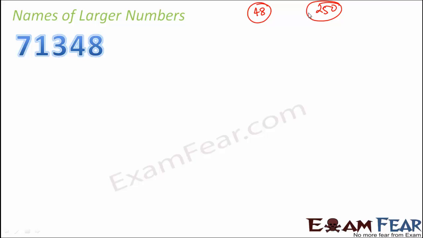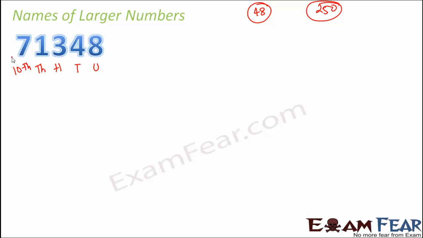In order to name numbers, it is very important that you know the position of each digit, because without knowing that, you will never be able to name numbers. Here on the screen, you see an example, 71348. So this is at units place, tens, hundreds, thousands and 10,000s. Now, once you know this, it becomes easier to name a number. What do you have in the thousands place?